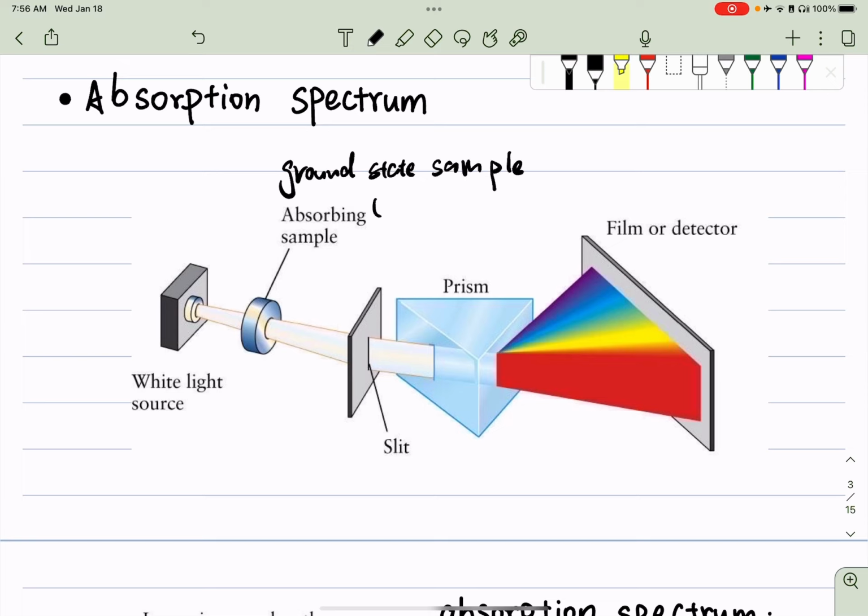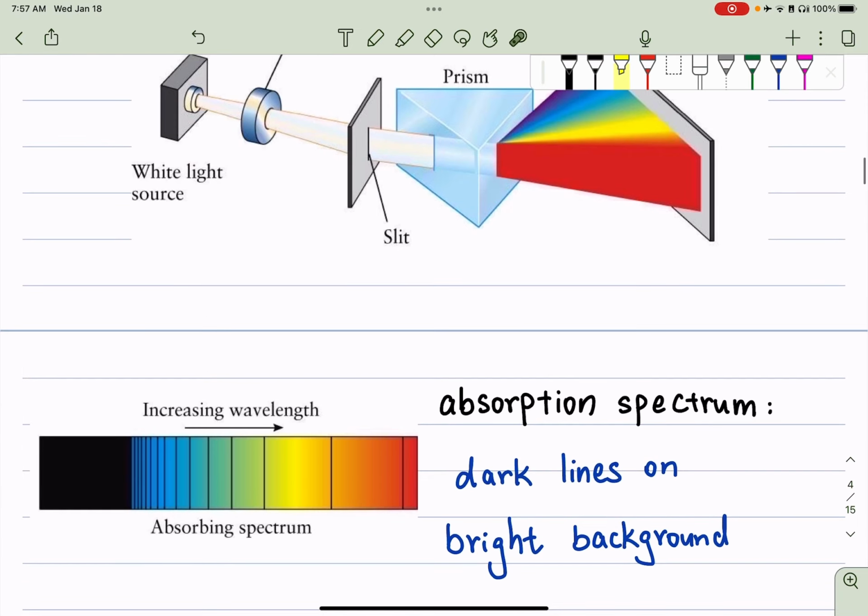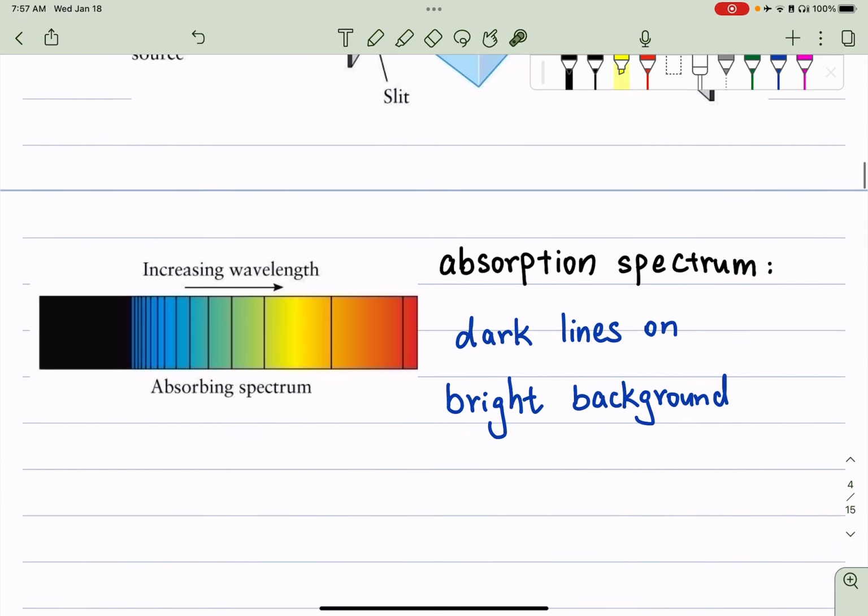So when we see its ground state, we see that n equals 1. And by shining light, when we say white light, we're saying it's light of all frequencies, our sample is going to absorb energy. And the resulting spectrum is we have dark lines on a bright background.